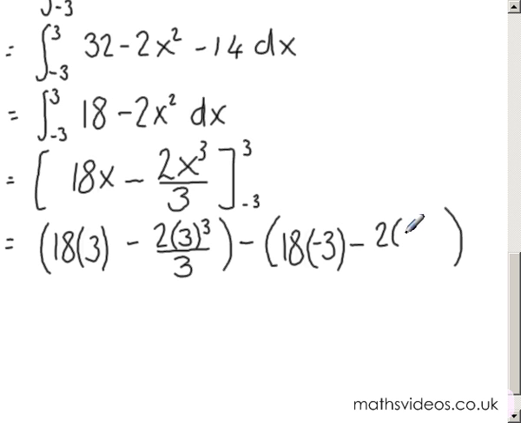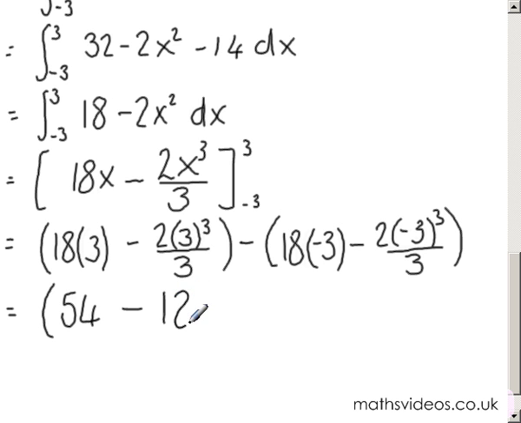So when we do that, we get the same thing again, only with negative 3 in the brackets. If we work this out, 18 times 3 is 54. And then if we do 2 times 3 cubed and divide by 3, if we go ahead and work that out, then we find that the answer is 18.